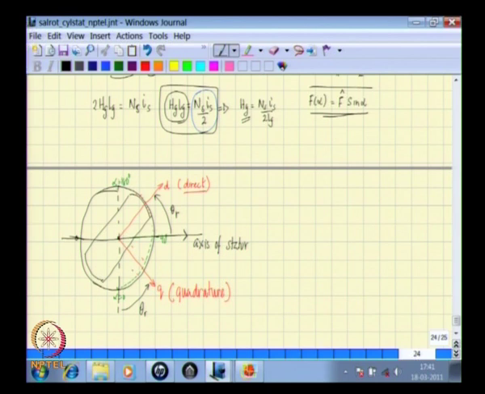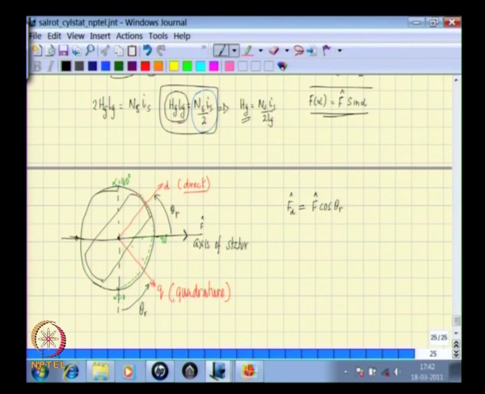So in order to do that, if the maximum value occurring here is f hat, then f d, which is the resolved value of the stator MMF acting along the d axis, is given by f hat, that is the peak f d hat, f hat into cos of theta r.